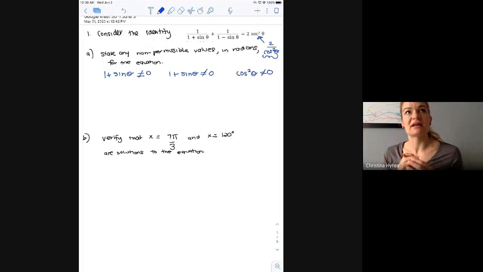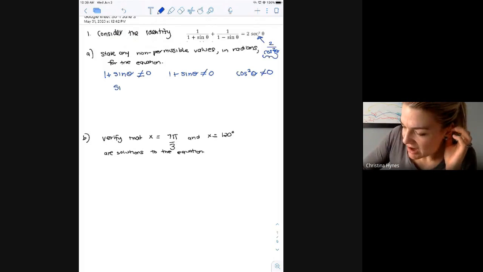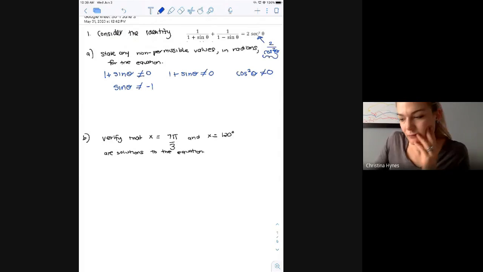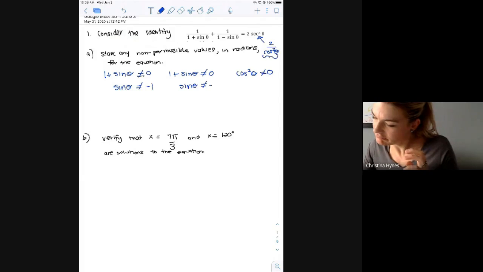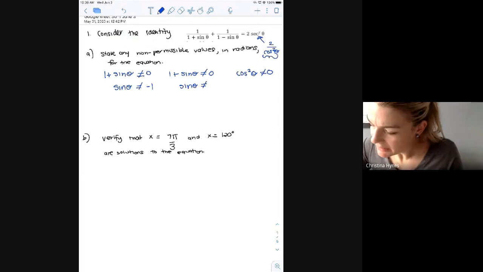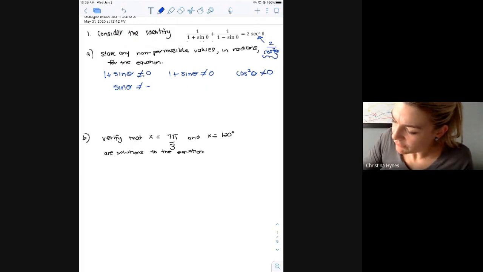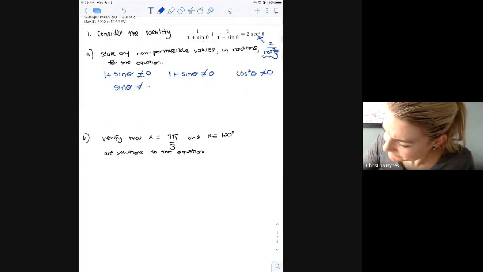And with trig, we always try to summarize and simplify everything and put it together. So sine theta is not allowed to be equal to -1 when you bring that 1 over. And then sine theta is not allowed to be equal to, oh, in this one, when I bring it over, it should be -1.